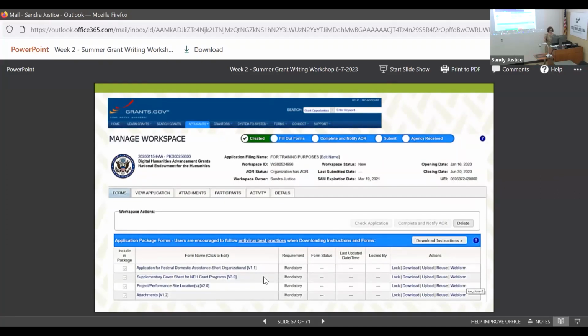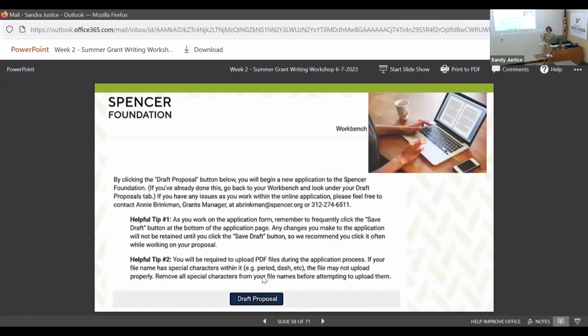And you see across the top that you have forms, view your application, attachments, participants, and activity. And when you're applying for 4 or 5 grants, and they're all going to go through grants.gov, then you're going to have a portal and it's going to say, which grant do you want to look at now? The good thing is it saves them so that you'll be able to go back and go, what did I do last year?